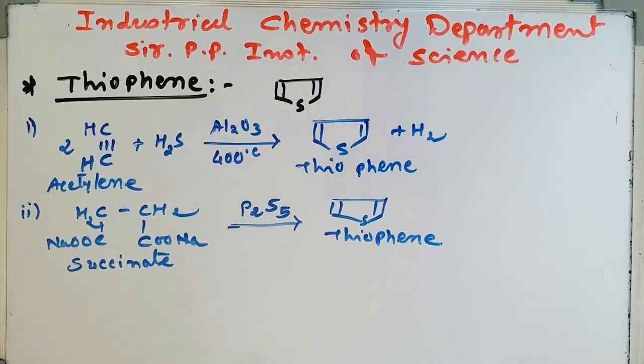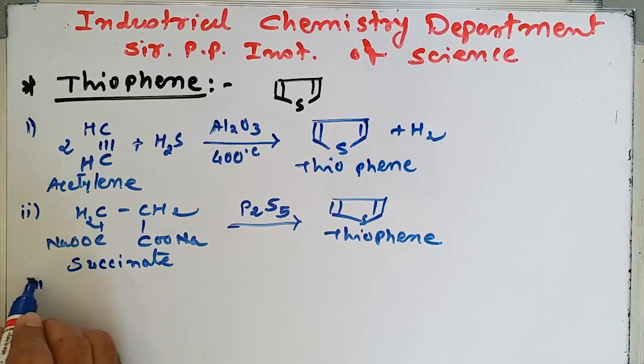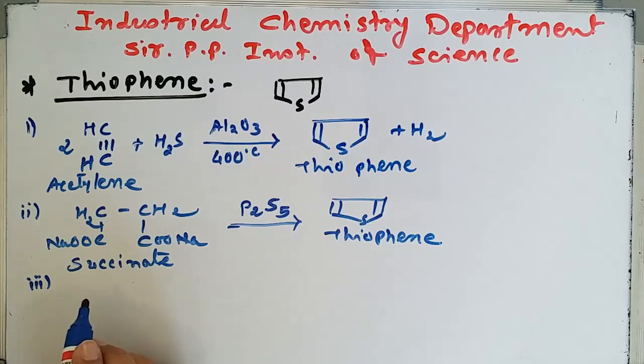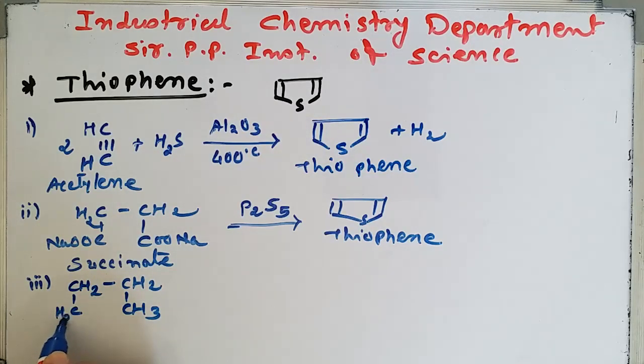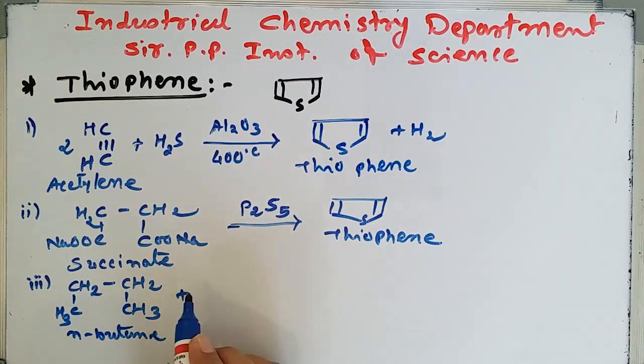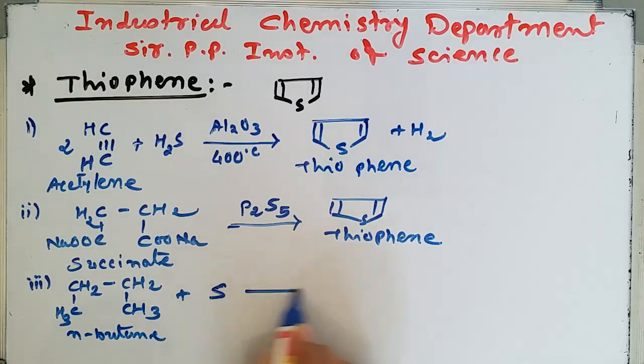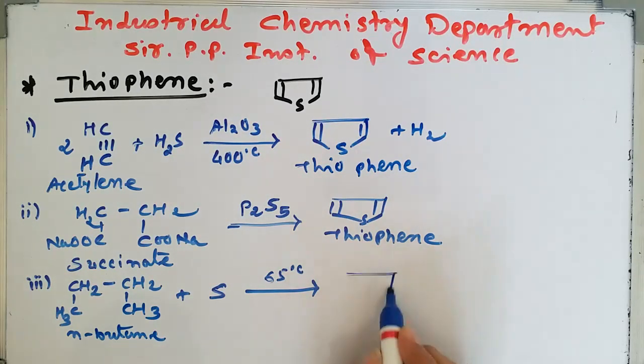Now we see the next preparation, number 3, by the direct reaction between sulfur and n-butane. If we write it down as CH2, CH2, CH3, CH3, this is normal butane, and sulfur powder treated at 65 degrees Celsius is transformed into thiophene.